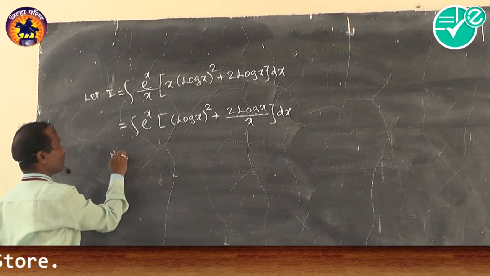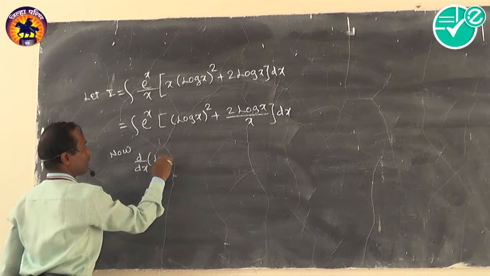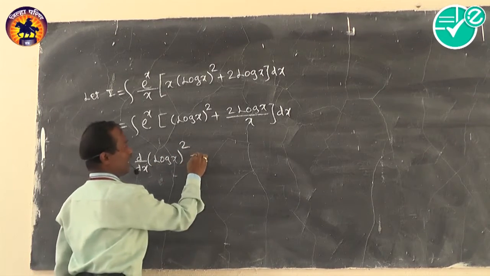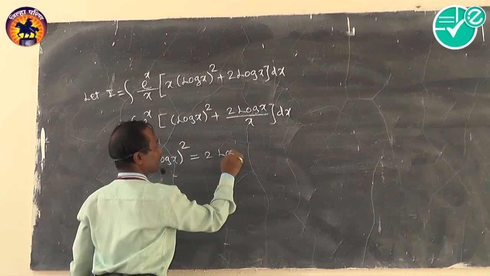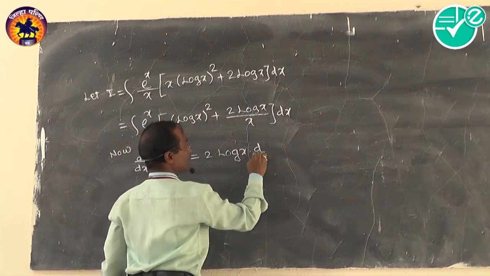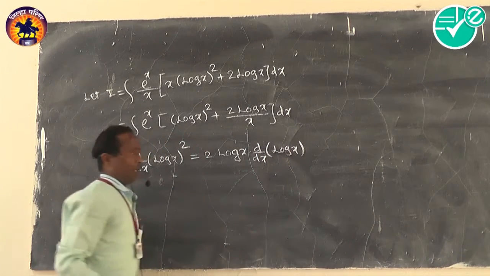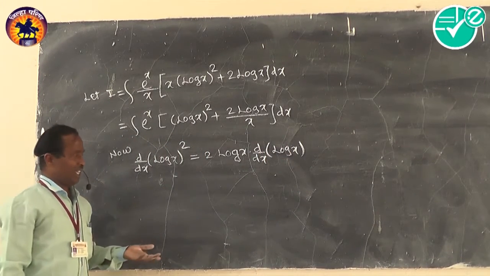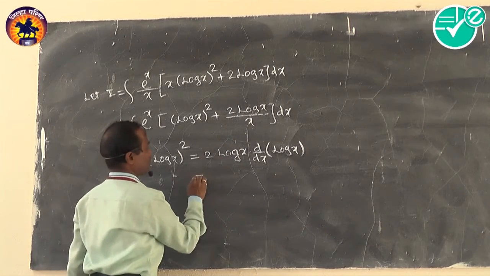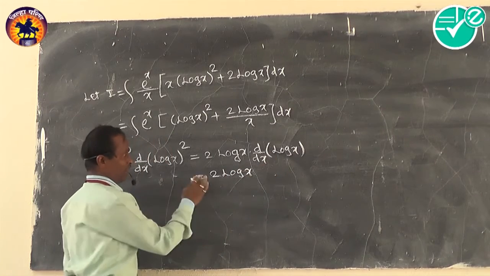Now d by dx of (log x) whole square, the derivative of this function, is 2 log x into the derivative of log x. The derivative of f of x to the power n is n into f of x to the power n minus 1 into f dash of x. We get 2 log x into the derivative of log x, which is 1 by x.